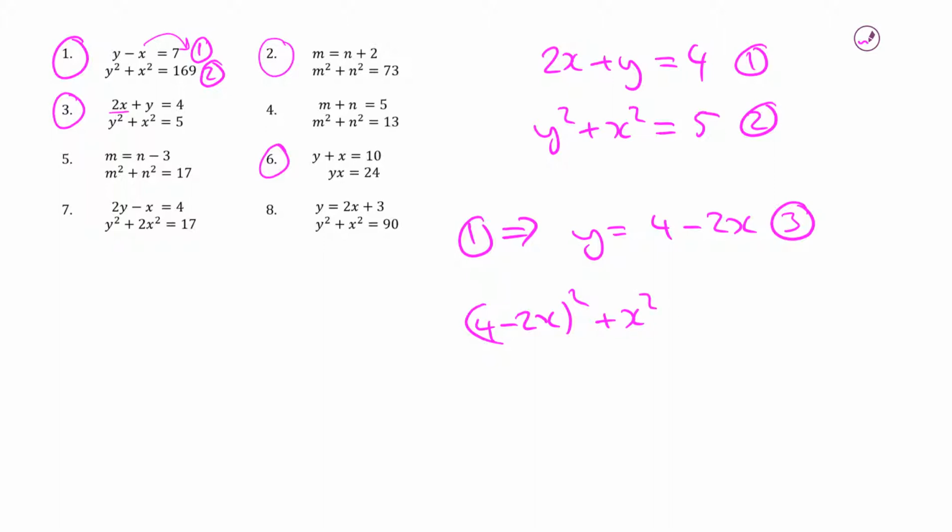Obviously when you're doing the real thing, you should be saying, sub 3 into 2, and so on. I'm going to write that roughly: sub 3 into 2, and then you get... Why do you have to write it down?